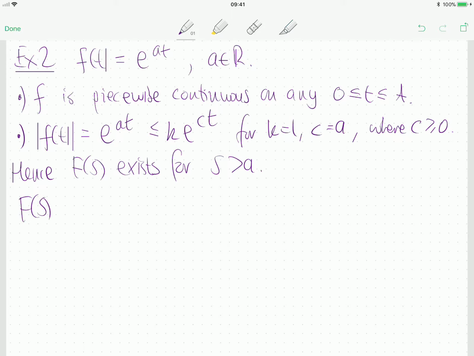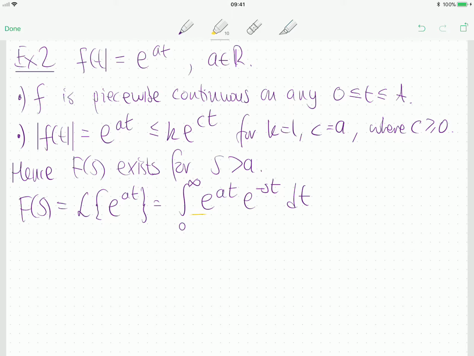So the definition of the Laplace transform for e to the power at is the integral from 0 to infinity of e to the at, that's our little function f of t, times e to the minus st, integrated over t.